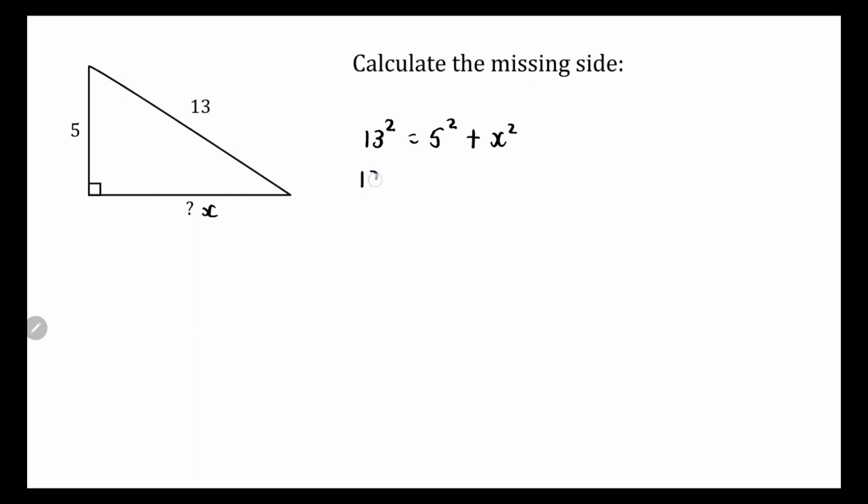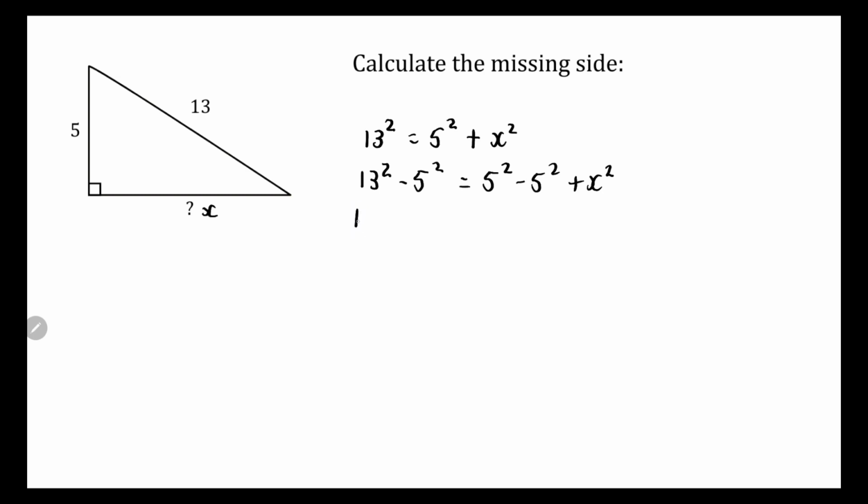So what you would need to do is subtract 5 squared from both sides to get the x squared on its own, as so. And then you can see that you are left with 13 squared minus 5 squared.